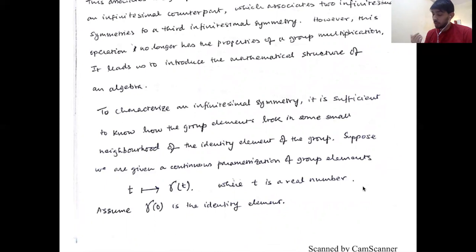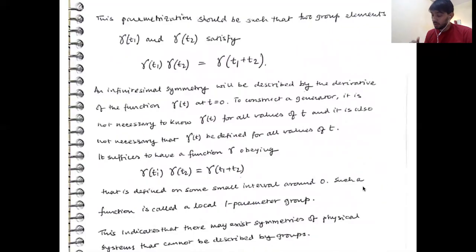What is required is that these two group elements, gamma t1 and gamma t2, satisfy this closure relation, and it is not required that you actually know gamma t for all values of t.